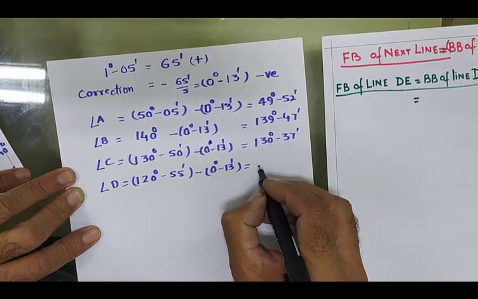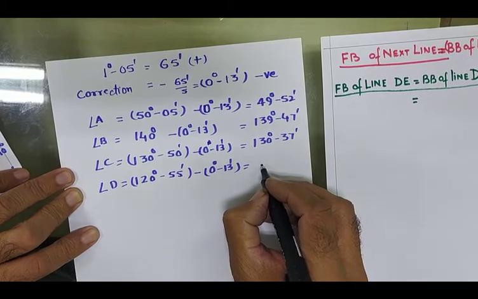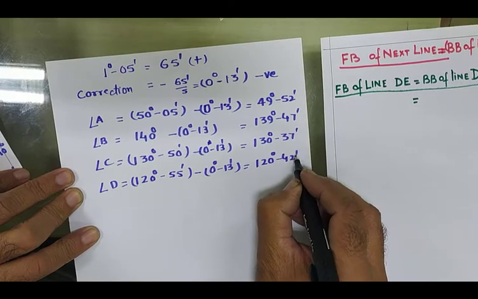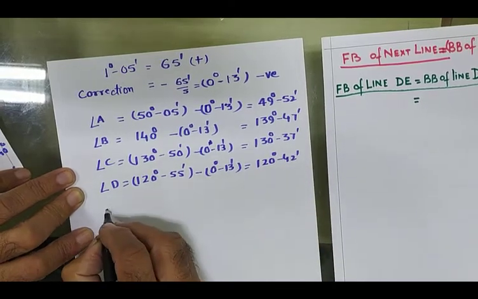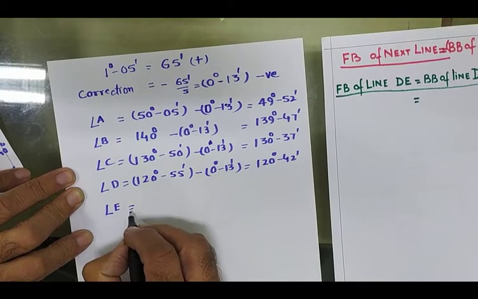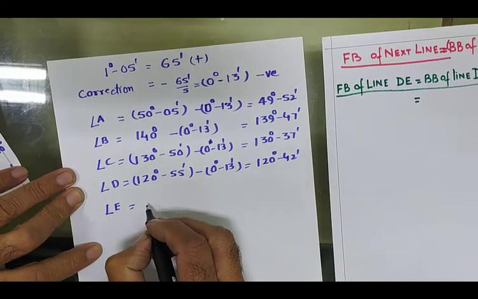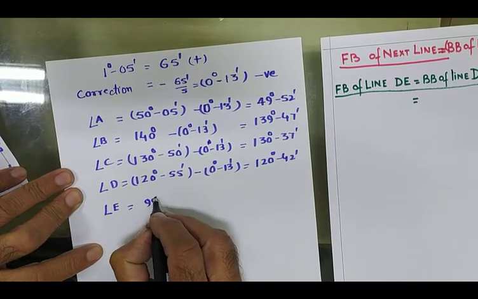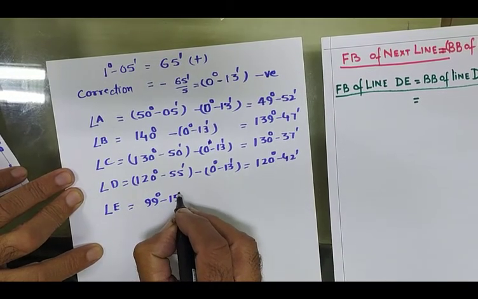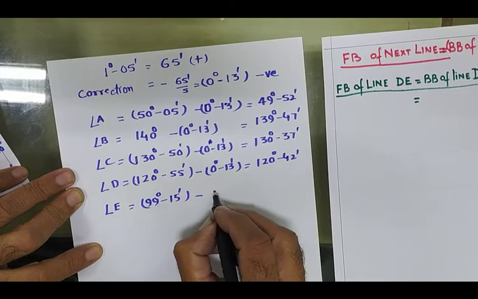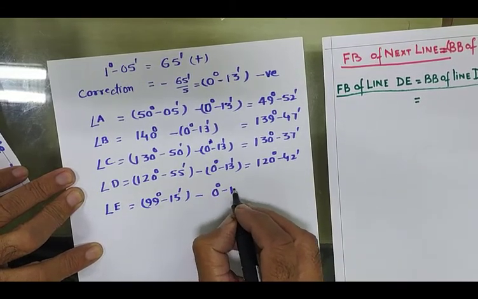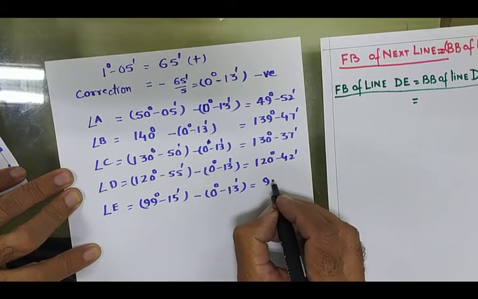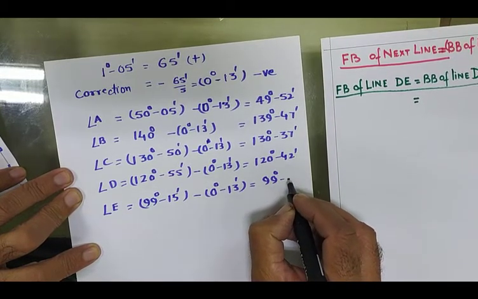This comes to be 120 degree 42 minutes, and the last angle is angle E. This angle is equal to 99 degree 15 minutes. So deduct from here again, you apply the correction of minus 13 minutes. This comes to be 99 degree 2 minutes.